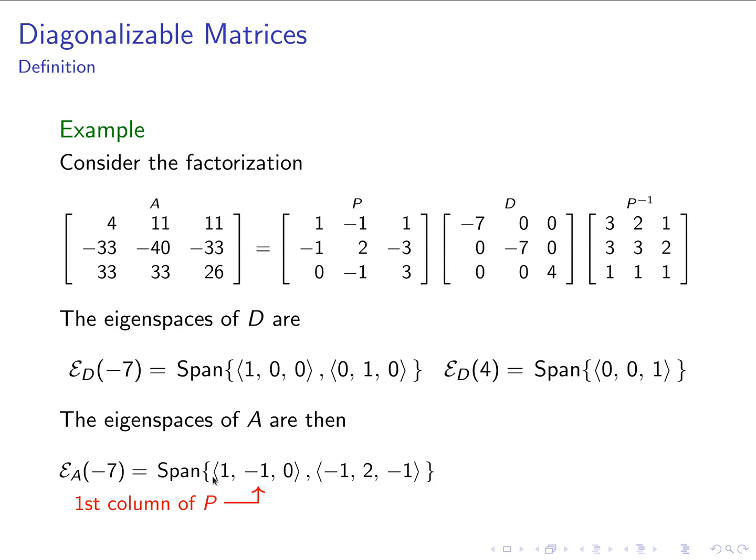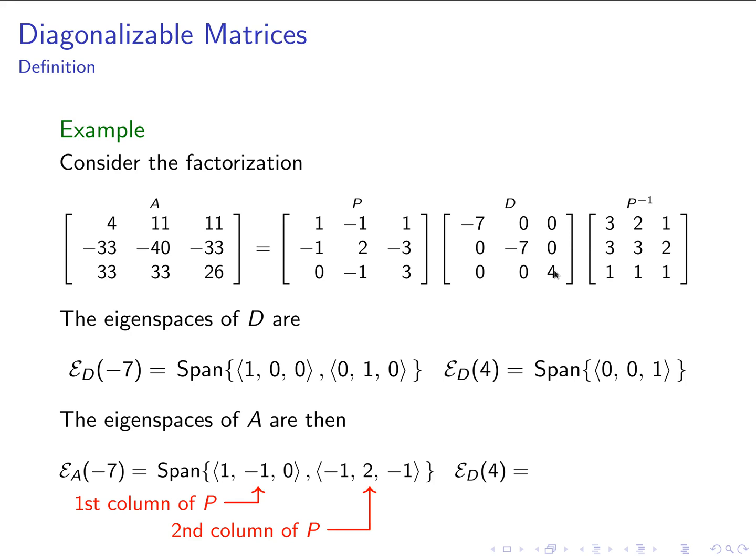And so that's the first thing to note: for the eigenspace of A where lambda equals -7, our two basis vectors can be chosen to be the first two columns of P. The other eigenvalue of A must be lambda equals 4.